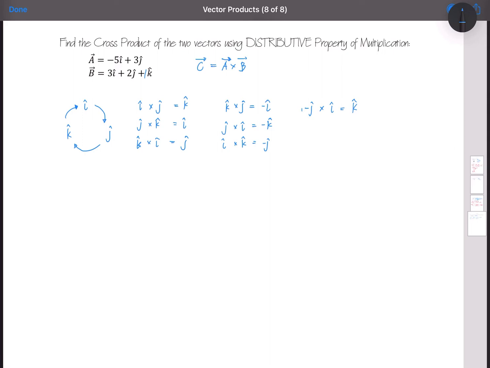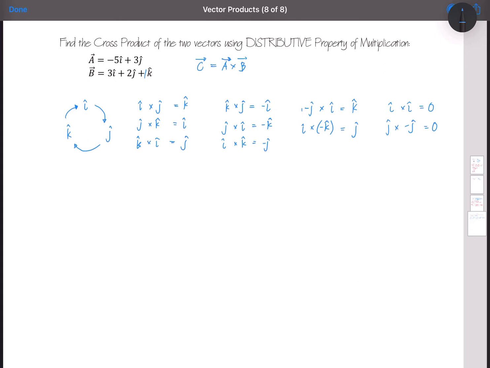Or another, say for example, i hat times negative k hat will now be equal to positive j hat. Since i hat times k hat is negative, times the negative in k, that will give us positive. Lastly, if you have i hat times i hat, that is simply equal to 0. Or if you have j hat times negative j hat, that is still equal to 0.